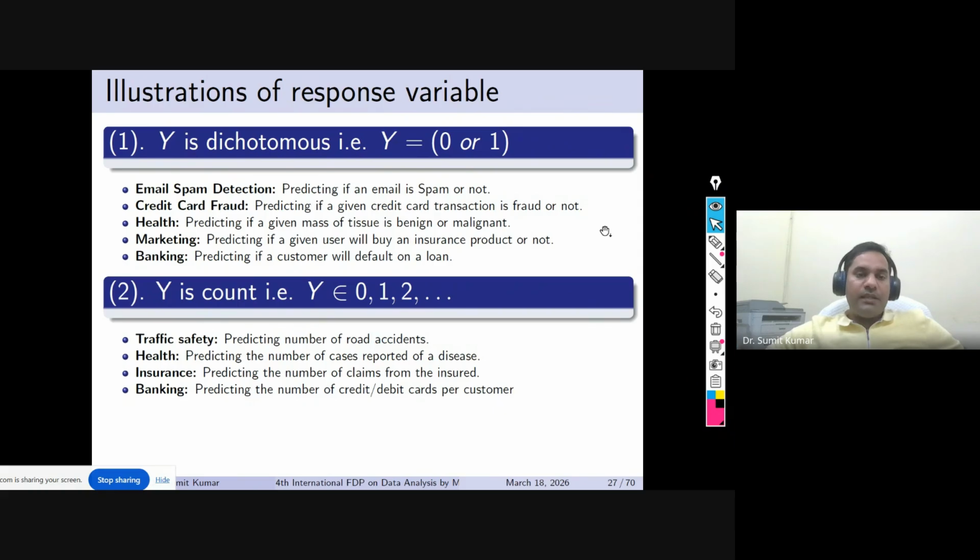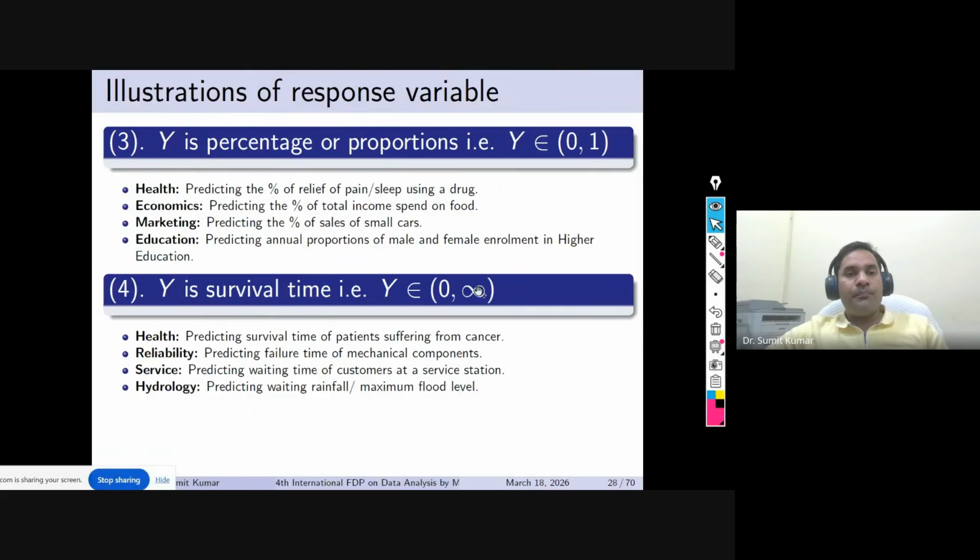Marketing, banking, okay. It can be count data, like in the Poisson case. In traffic safety, predicting the number of road accidents per day, per hour, per minute. In health, predicting the number of reported cases of a particular disease, or predicting the number of claims from an insurance company. These kinds of variables become the dependent variable.